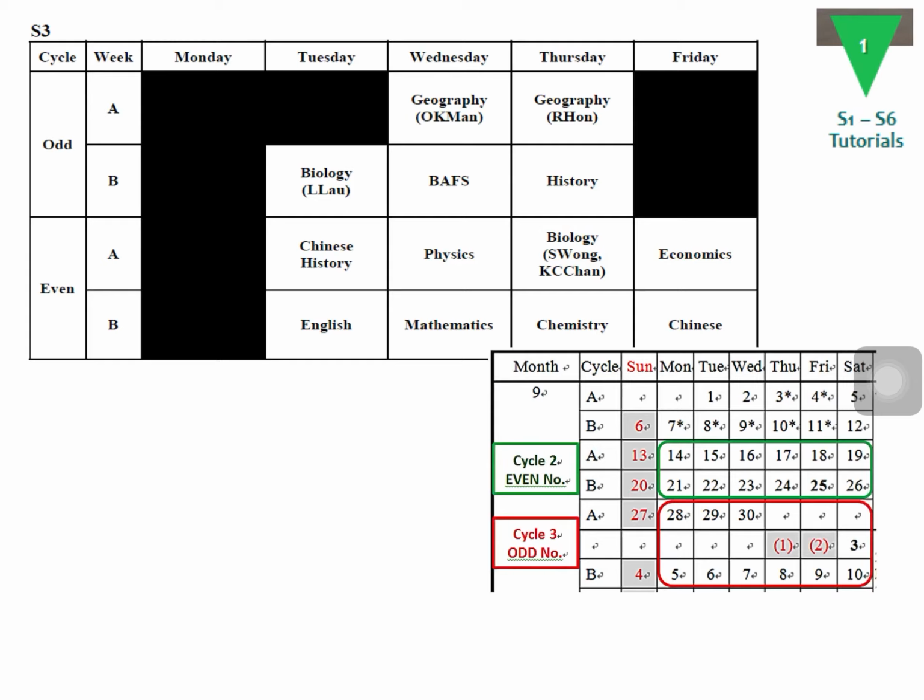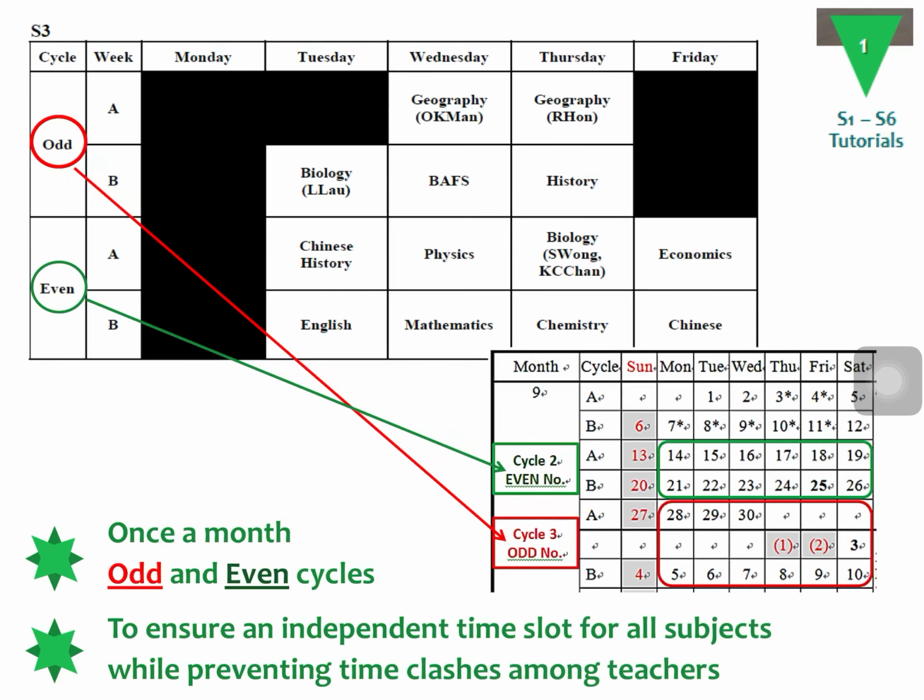On the 14th of September, when the tutorials start, subjects allocated the even number cycle will be able to conduct tutorials. And that means in the next cycle, the subjects assigned an odd number cycle will be able to start their tutorials. Don't worry if you cannot work out this timetable at the moment, as your subject teachers, who are already very familiar with it, will be able to explain to you later on.